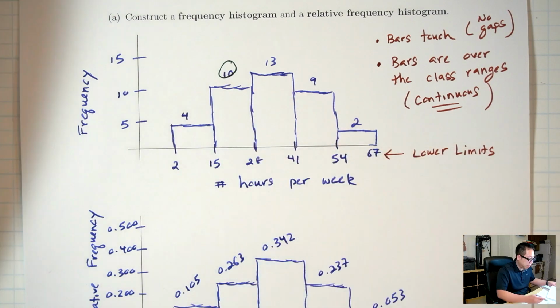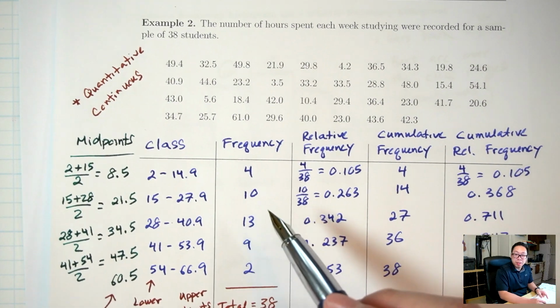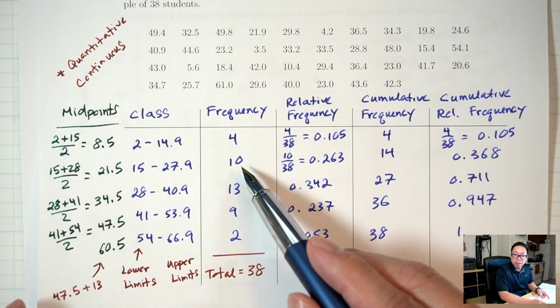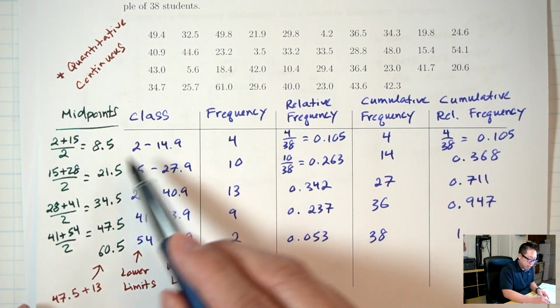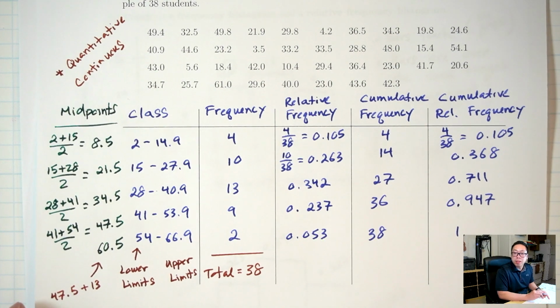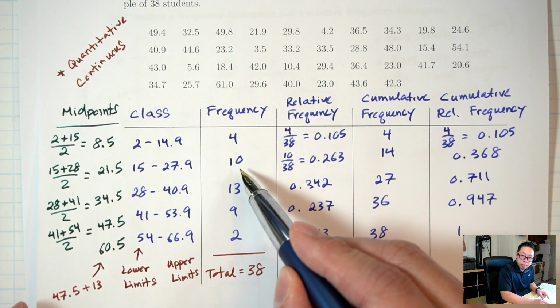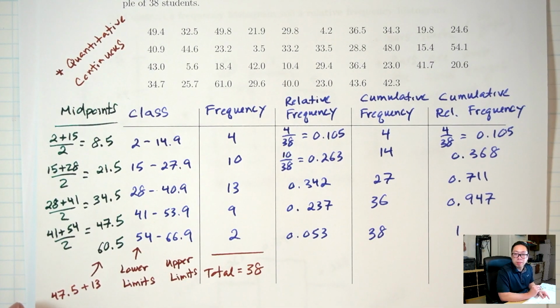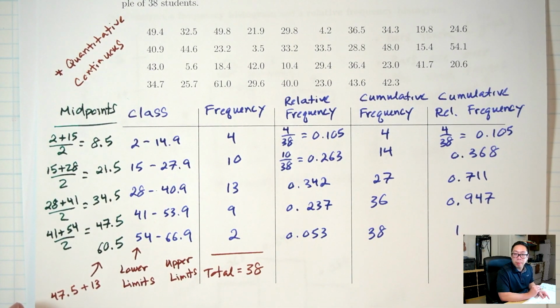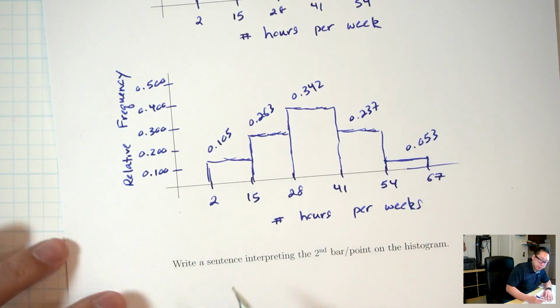This 10 came from this 10. There are 10, and we're talking about students here, and these numbers are the number of hours they spend studying. So there are 10 students who spend between 15 and 27.9 hours studying. Okay, so that's a sentence.